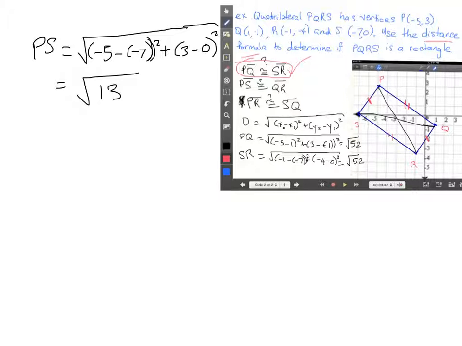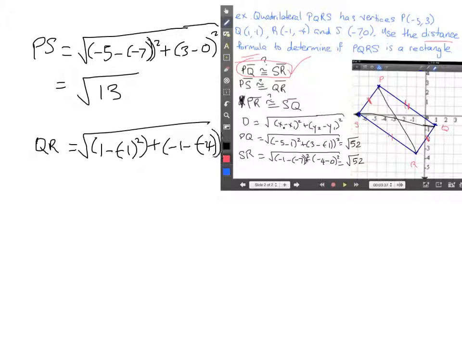All right, now we can go ahead and test to see if QR is equal to the same thing. So QR is equal to the square root of 1 minus negative 1 squared plus negative 1 minus negative 4 squared.